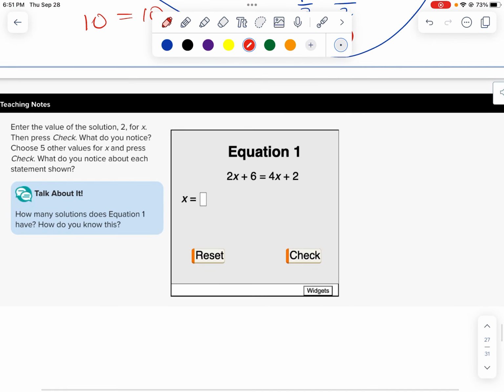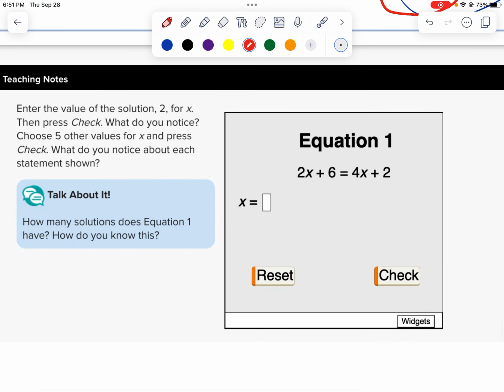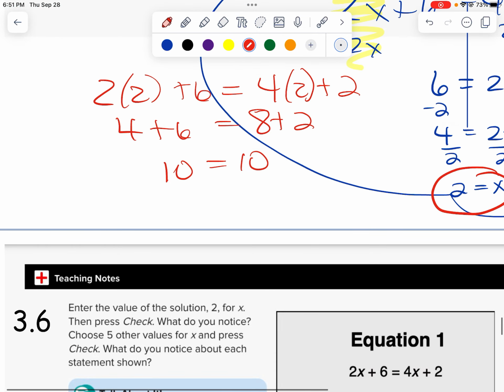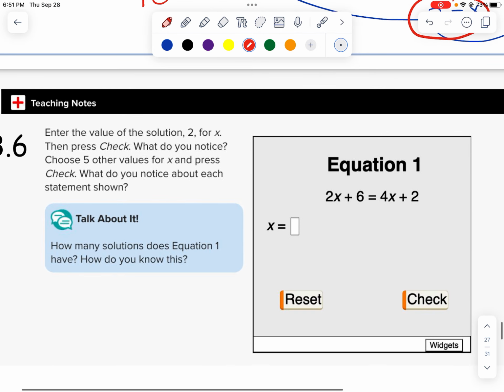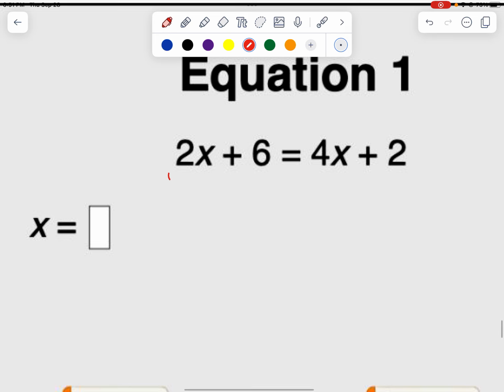So, this is the equation we just did. It says plug it in for 2. Well, I just did that up here. They equaled each other. Now, if I was to plug 5 in, because that's what it says to do, it says to choose 5. So I'm going to plug in 5.